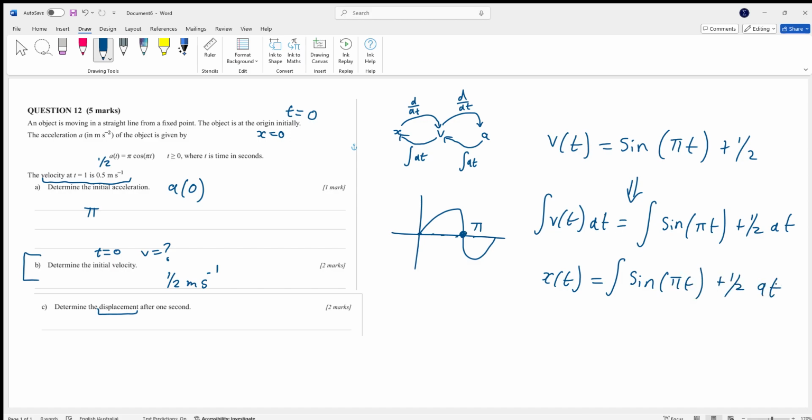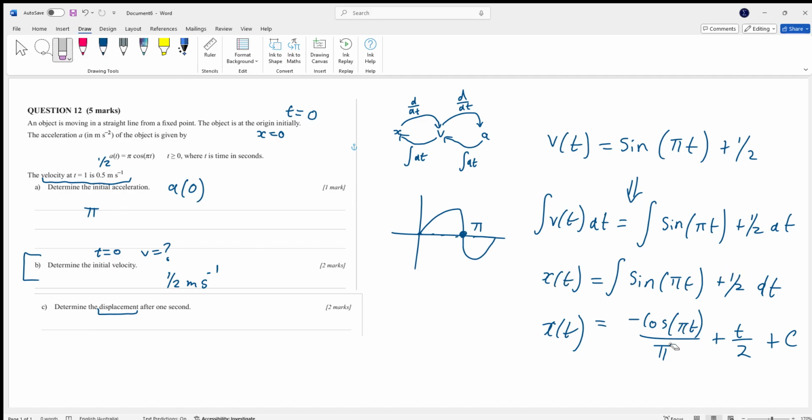If I'm integrating sine, sine will turn into negative cos, so negative cos pi t divided by the differential of the inside function, which is pi again. So divide by pi. Then integrating a half, you just attach a t to it. So it's t over 2 plus c. So this is my position equation for this particular situation. And again, to double check that, if you differentiate this, you should receive your initial velocity equation.